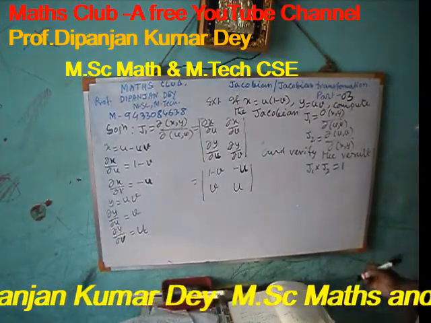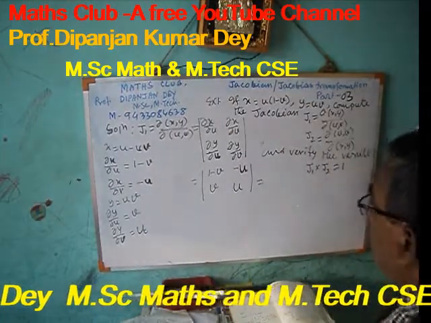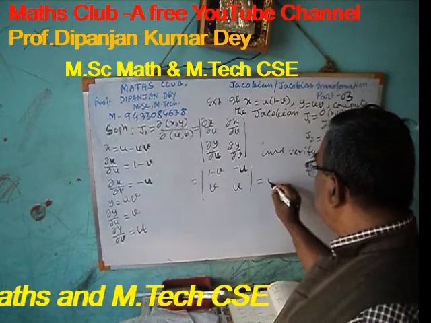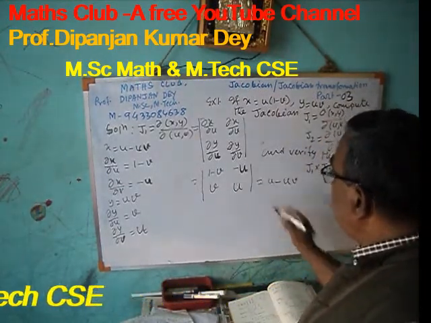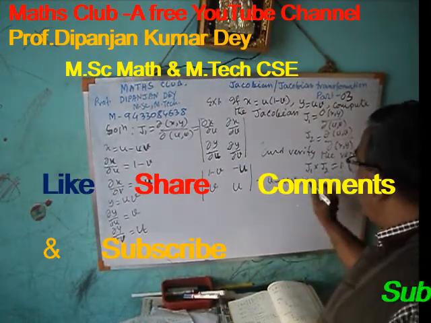Now calculate this part. This into this minus this into this: u minus uv, plus this into this, uv.